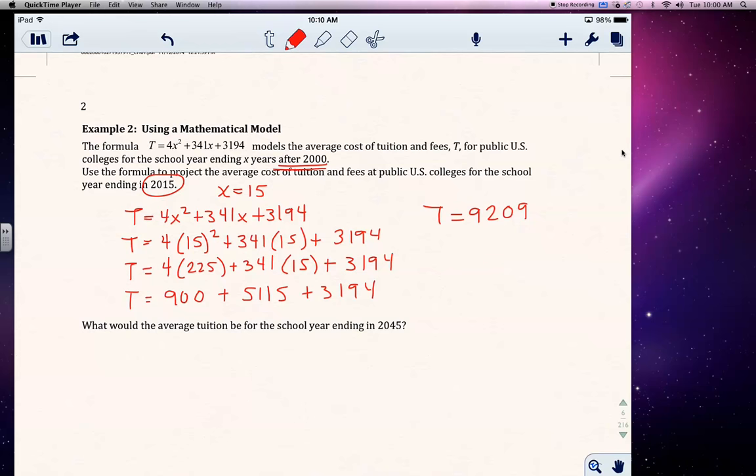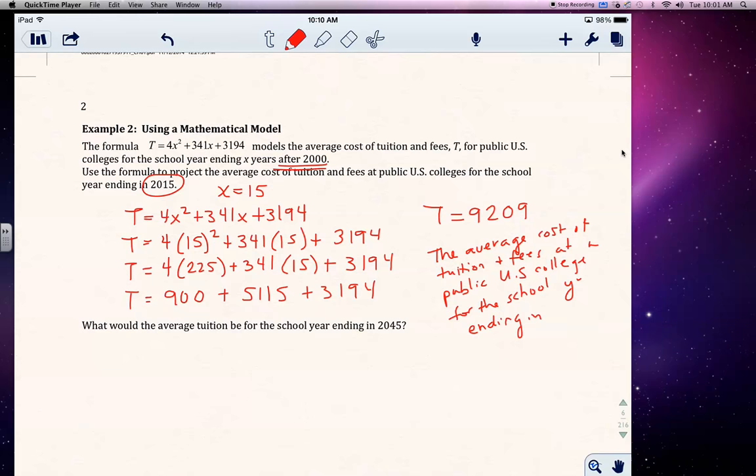So let's look at what we really discovered here. We discovered that the average cost of tuition and fees for the school year ending in 2015 would be 9,015.